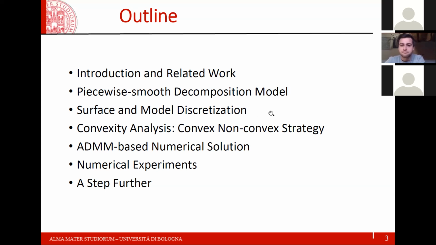I will give some details on its discretization and solution strategy, the so-called convex non-convex strategy, a quick idea about the numerical solution, some experiments, and then I will present a step further of this model, which is sort of an enriched model regarding the one I will be presenting.